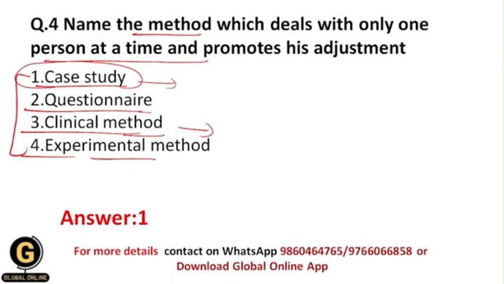In the clinical method, a researcher can do a study on a single person, and also a researcher can do a study on a group of people which has common characteristics. Fine. And within the experimental method, the researcher can study the relationship between variables, the researcher controls the variables, and here the researcher statistically tests the hypothesis. Okay, so lots of things can be done within the experimental method, but your correct answer over here is case study.